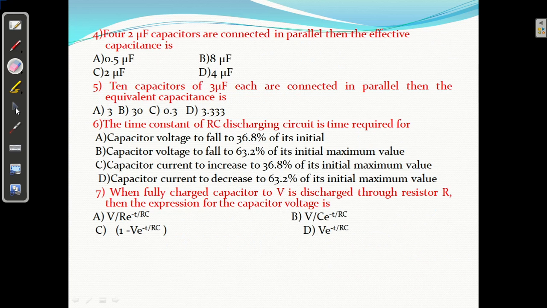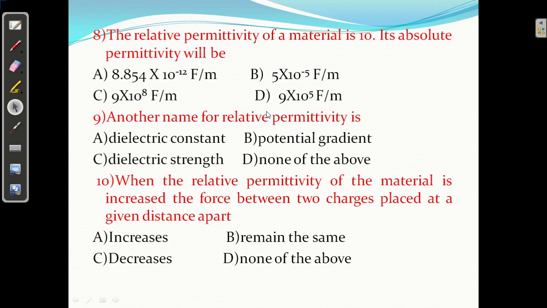Question number 8. The relative permittivity of a material is 10. Its absolute permittivity, sorry, something is wrong here.